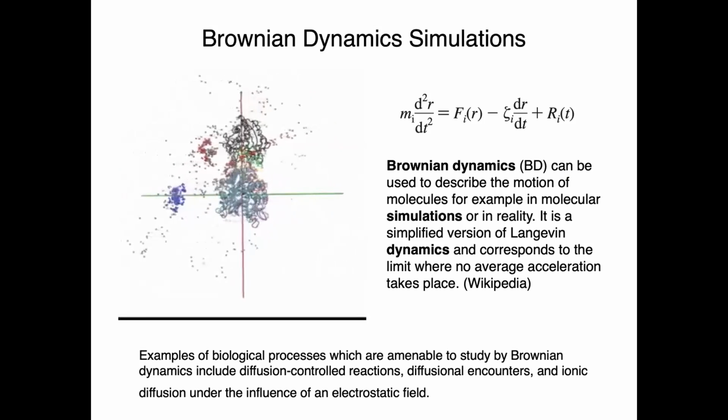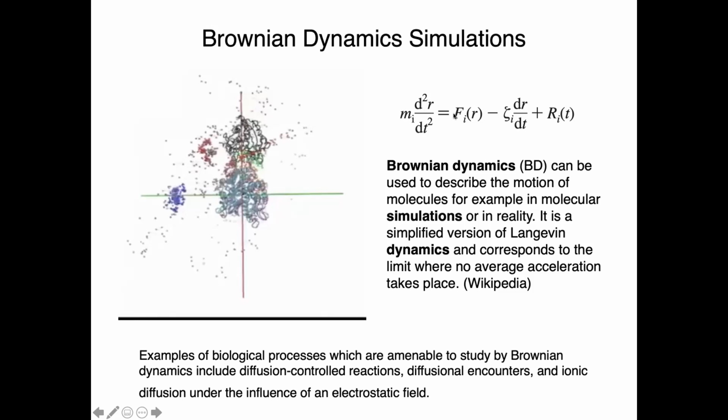And so this is a case where you are propagating something that looks like an equation of motion, right? But it does not include any kind of internal motion inside of each of the domains, right? So here what you have on the right-hand side is essentially saying this is just mass times acceleration, right? It's mass times the second derivative of position with respect to time, which is acceleration.